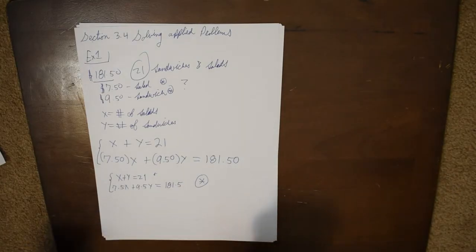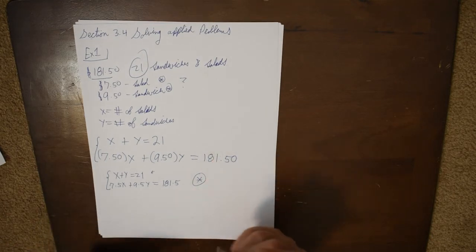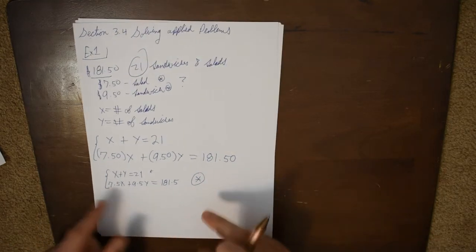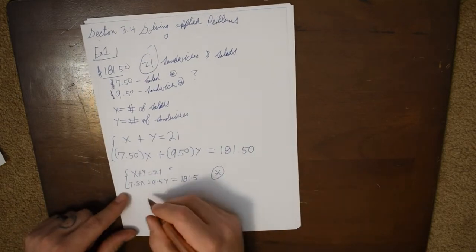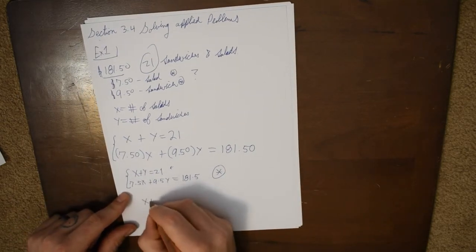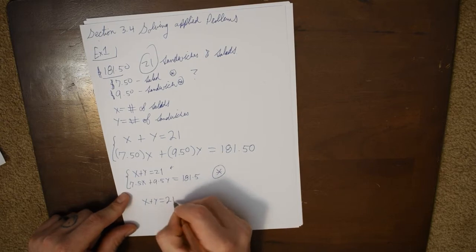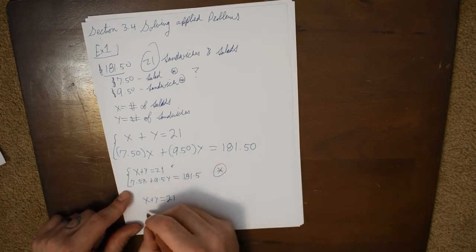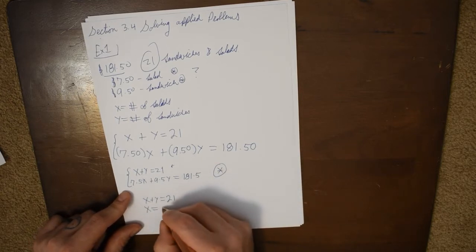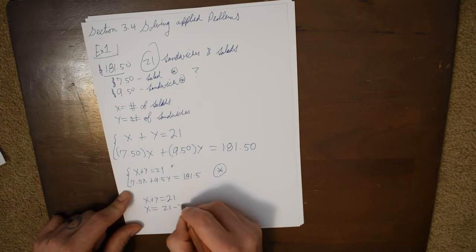So let's go forward and actually try and solve this problem. Let's figure out how many of each Kathy needs to buy. I'm running out of space, so I'm just going to rewrite. We know that x plus y is equal to 21. I'm going to solve for x. That means x is equal to 21 minus y.